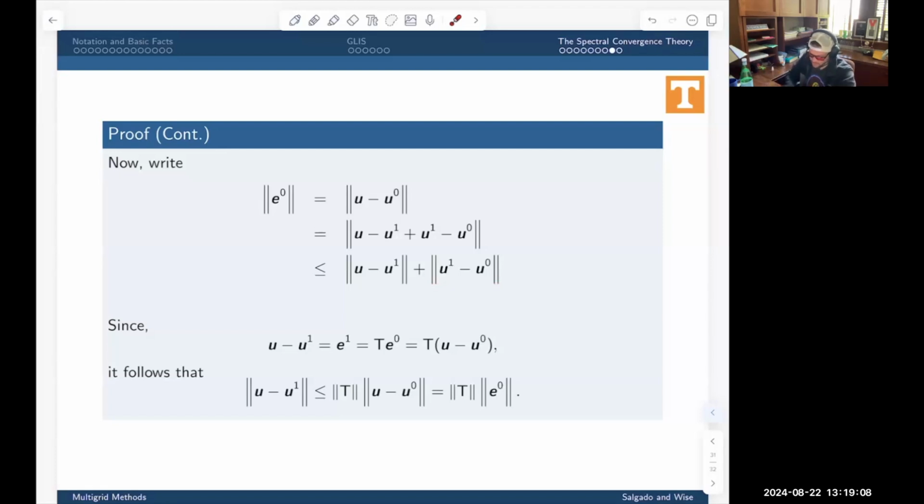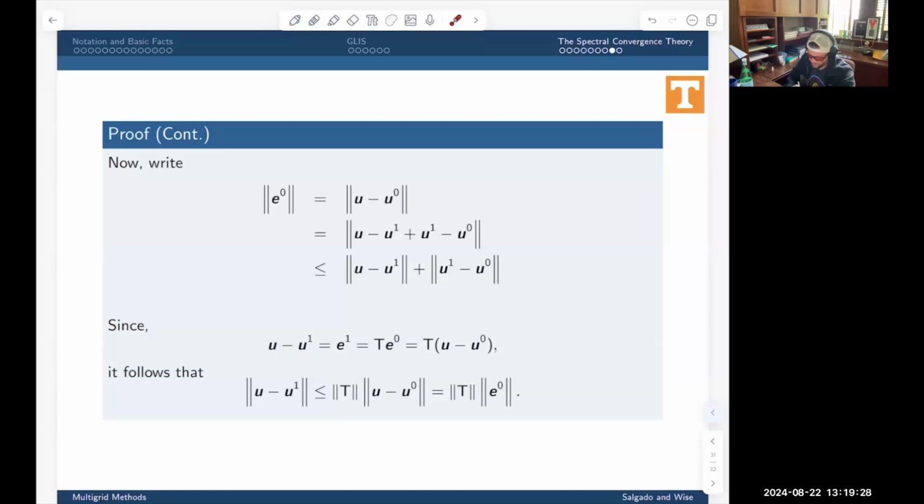Now, what about U minus U1? That's E1, as I said, and that's equal to T times E0. T times E0 can be written in a slightly different fashion as T times U minus U0. That's exactly equivalent. So now let's take the norm of this thing.